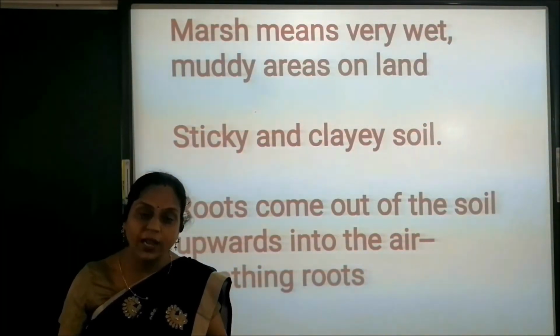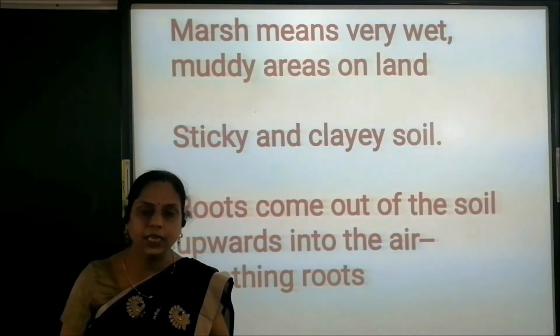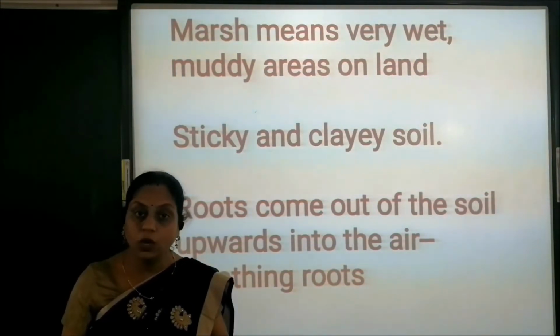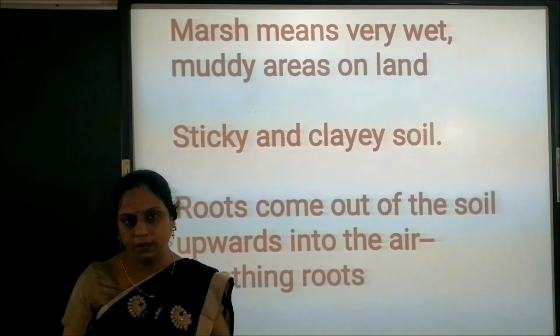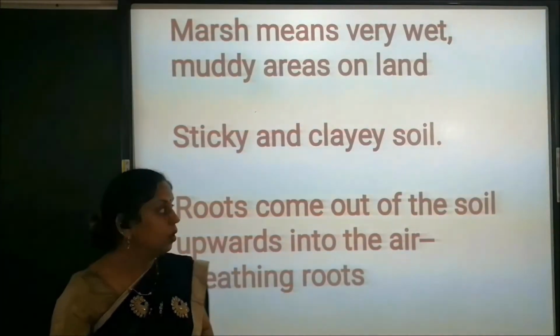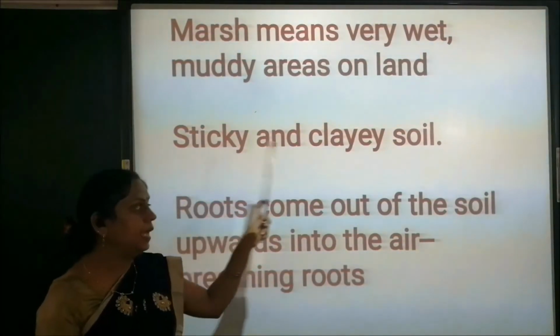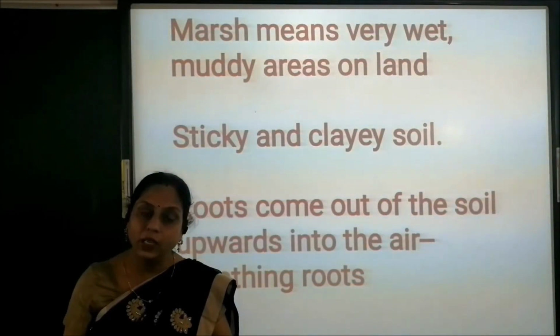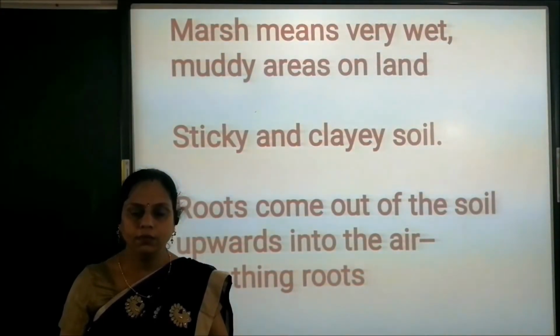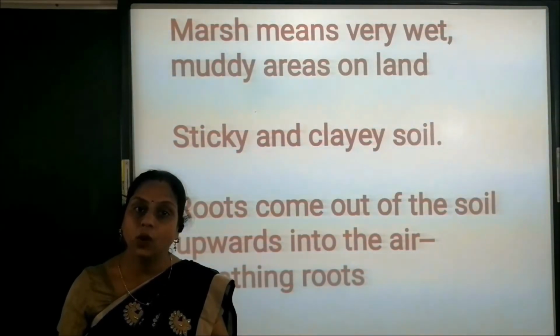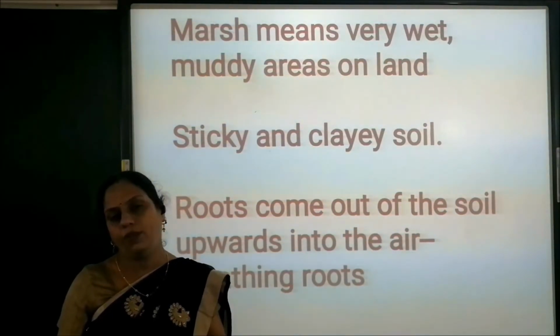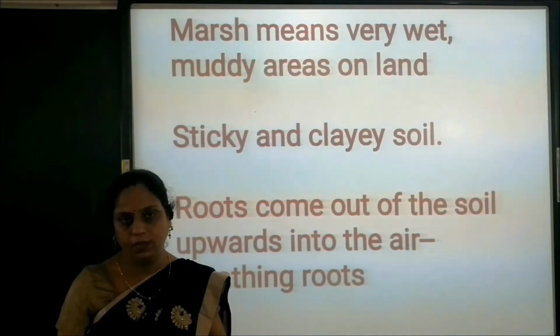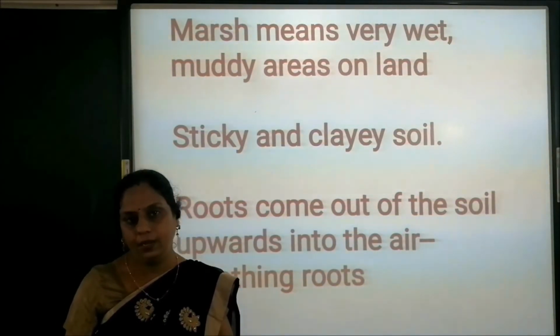Means the soil is very sticky, which holds a lot of water. So, soil is sticky and clay. That means that clay soil holds lots of water and very little air.